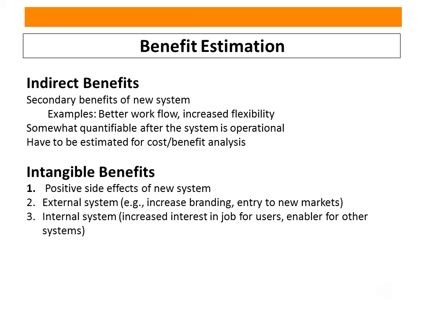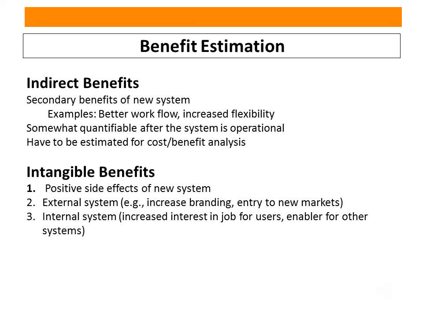And the last one is intangible benefits, in which we can say that these benefits are not tangible, but they are hidden, and they are very important. Like, if we are talking about an external system, what is an external system?